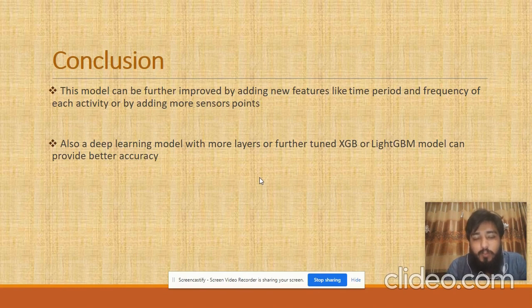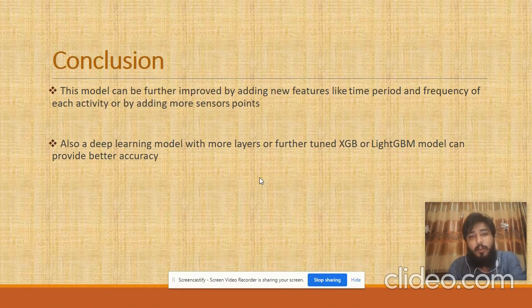Yes, it can go to 94, 95, or even 97 or 99% accuracy if new features like time period or frequency for each activity can be added, or if we add two or three more sensor points, which will give us more leverage. Like if we have more sensor points around the back or around the nervous system, it will improve our functionality.